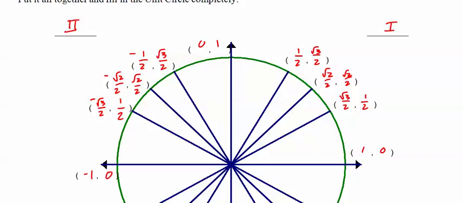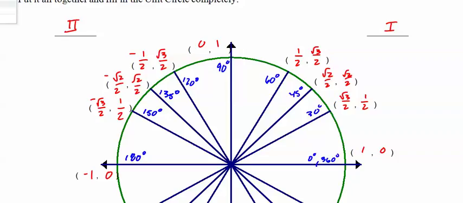While I'm here, let's do the degrees. 0 degrees and 360 degrees. 30 degrees, 45 degrees, 60 degrees, 90 degrees, 120 degrees, 135 degrees, 150 degrees, 180 degrees.